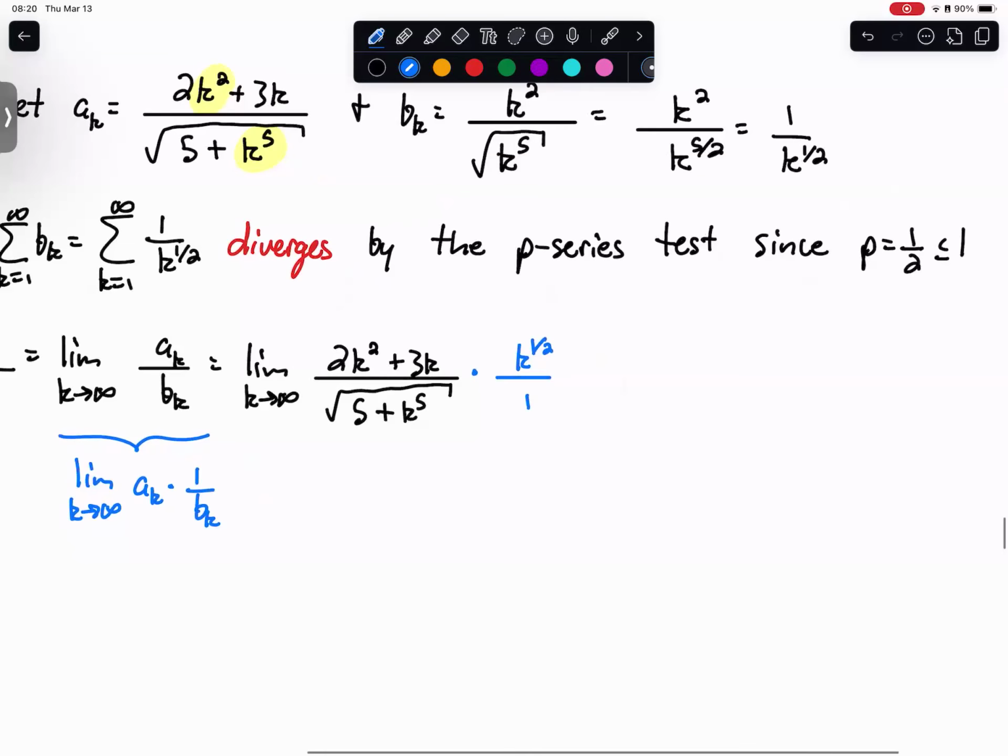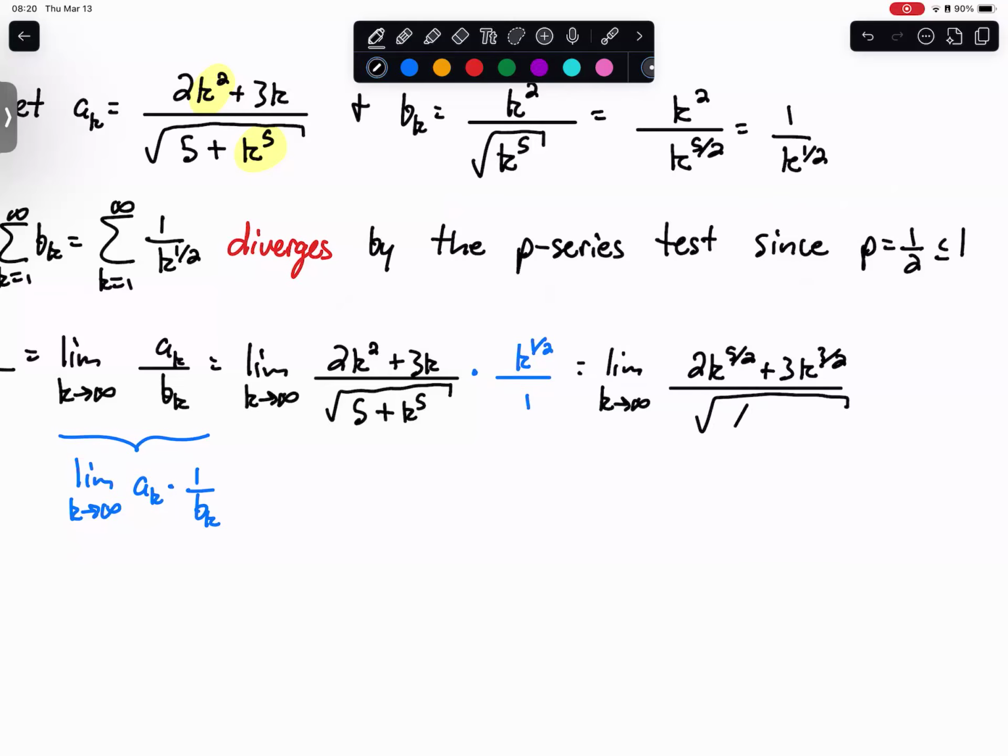So when I multiply this out, what I am going to get is I get to distribute that k to the 1/2 power out, which will give me 2k to the 5/2 plus 3k to the 3/2 in the numerator, leaving my denominator alone. Now, in terms of taking that limit, notice that the highest power in the numerator is k to the 5/2. My highest power in the denominator is k fifth, but that is also inside of a square root.